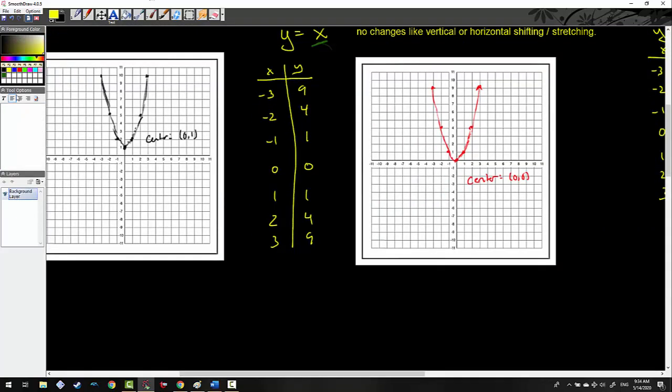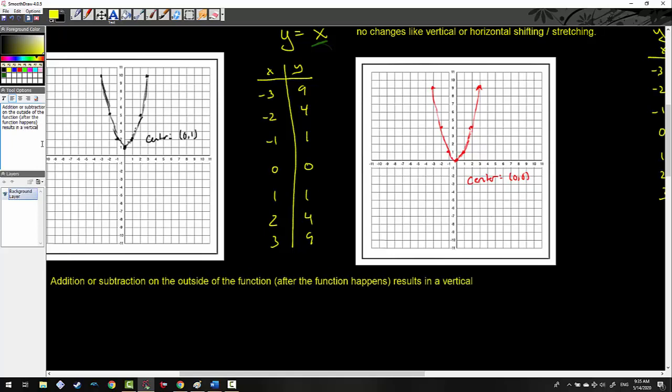And we can basically say that addition or subtraction on the outside of the function, in other words, after the function happens, results in a vertical shift of the function.